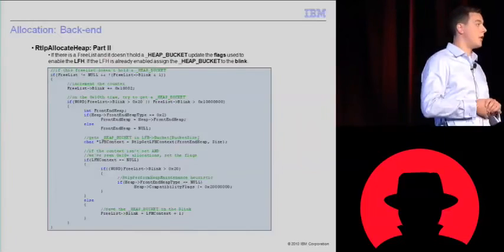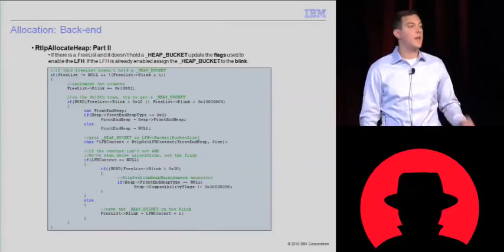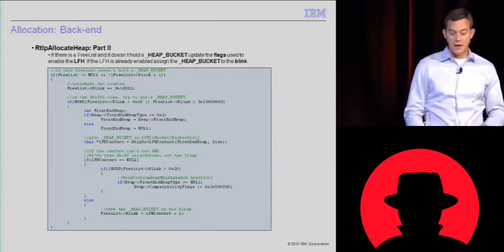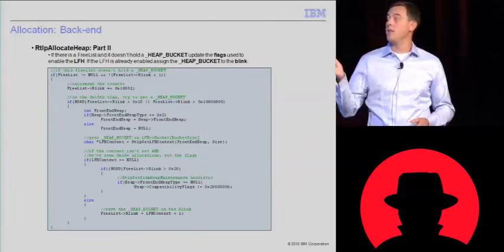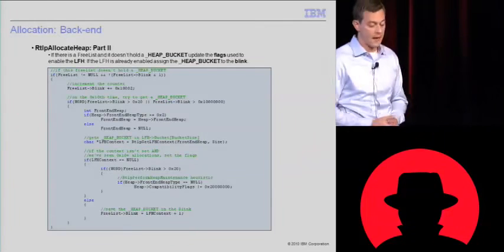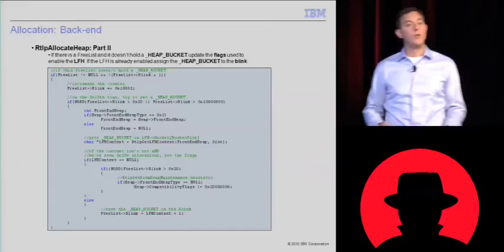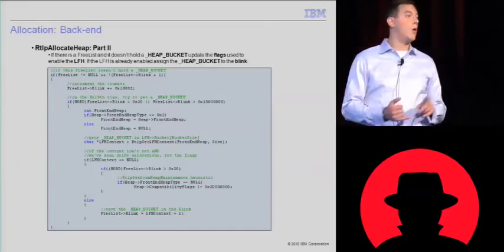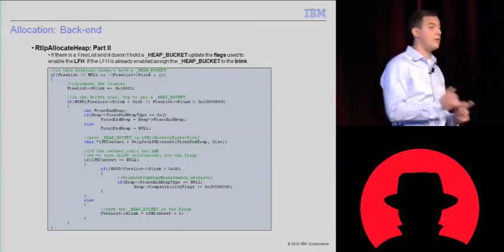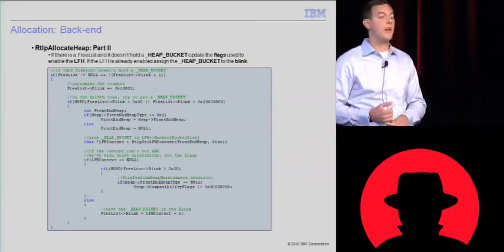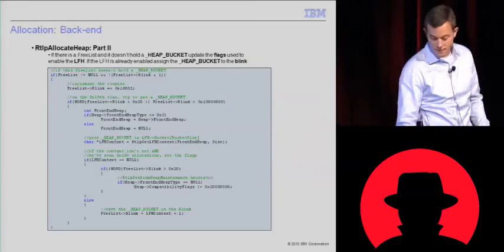If this heap bucket returns null, that means that the low fragmentation heap is yet to be activated, and it will set the compatibility flags if the threshold has been met. If a heap bucket is given back, it will actually store that heap bucket in the backlink. So the next subsequent request for this size will be serviced by the low fragmentation heap instead of the backend.